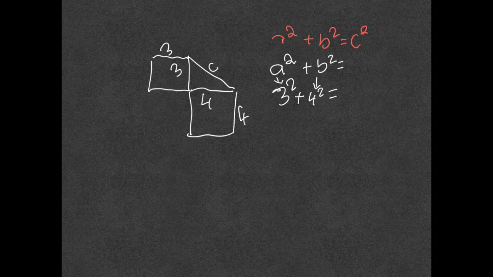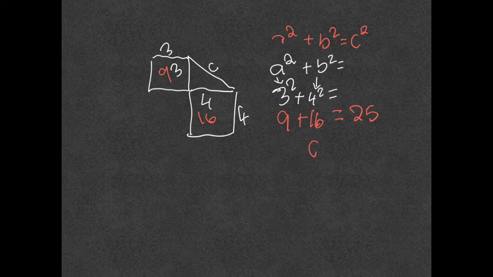And 3 times 3 would be 9, and 4 times 4 would be 16. And basically, you need to add the areas of both sides, like I said before, and you would get 25.